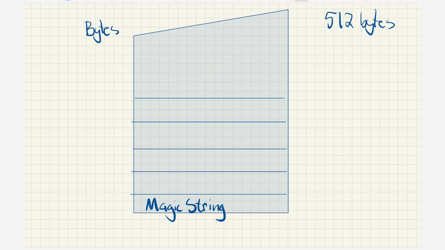every file system has a so-called magic string. And the magic string is just some predefined bytes, which shows that this is a DDoS file system. Every file system has its own. And mine is going to be a 4-byte string consisting of two 16-bit values.